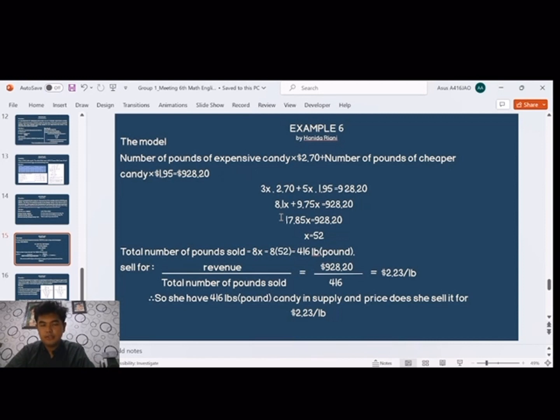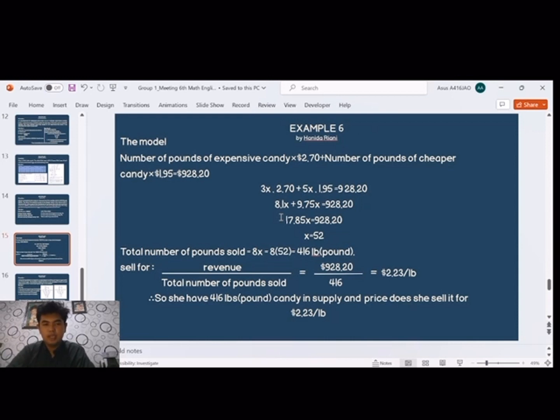is 416 pounds. So the selling price is revenue per total number of pounds sold, because the revenue is $928.20 divided by 416, so it will be $2.23 per pound.